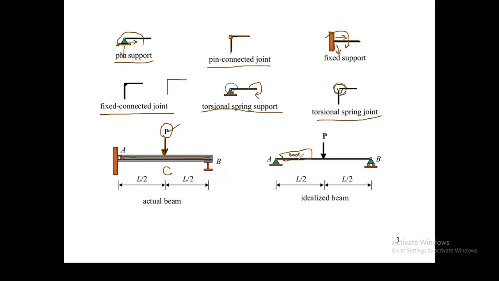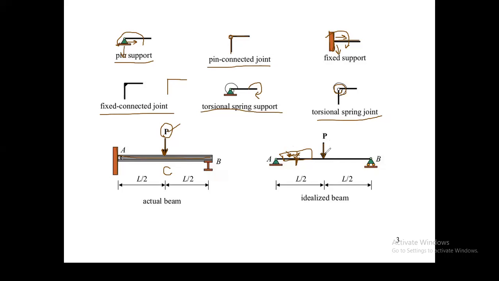In actual, the overall load of that book is supposed to be acting at a single point. And where is the single point? The CG of that book. It is the point where the whole load is supposed to be acting. According to that, we are considering the point load.